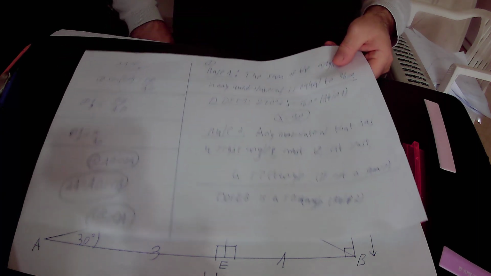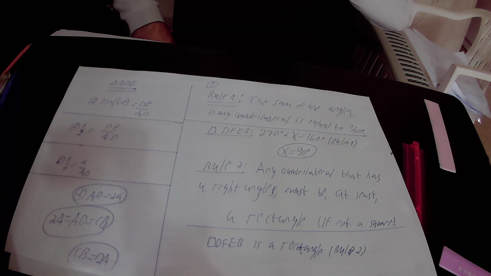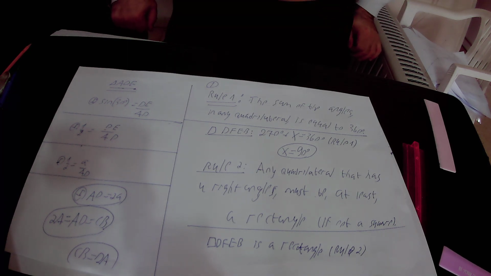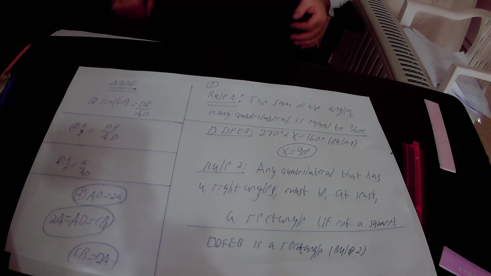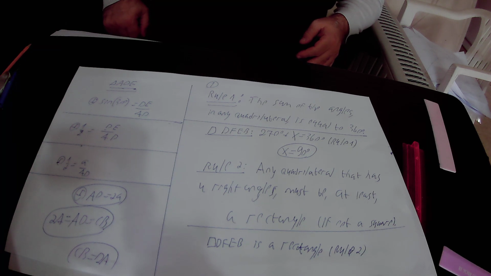And we have rule number 2, which states that any quadrilateral that has four right angles must be at least a rectangle, if not a square. Because quadrilateral DFEB has four right angles, we will treat it as a rectangle.